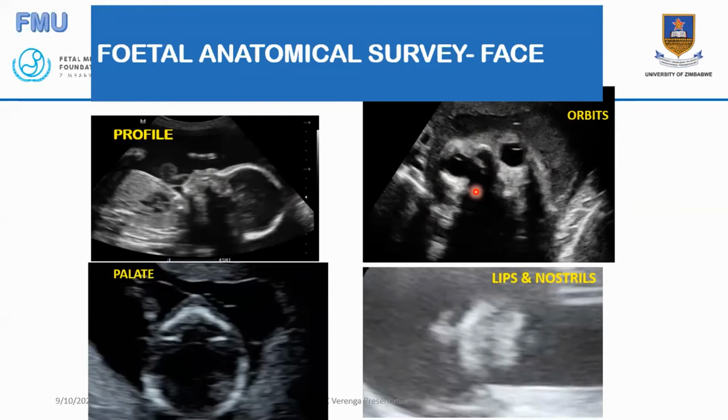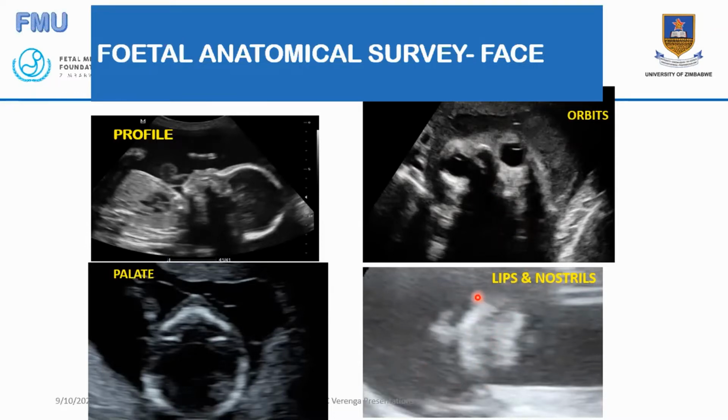If you think it's more than one orbit, then that could be hypertelorism. If the eyes appear too small, then probably you are dealing with a case of micrognathia. If you have one eye just in the center, then you are dealing with cyclopia, which is what you see in some of the cases we have seen already.